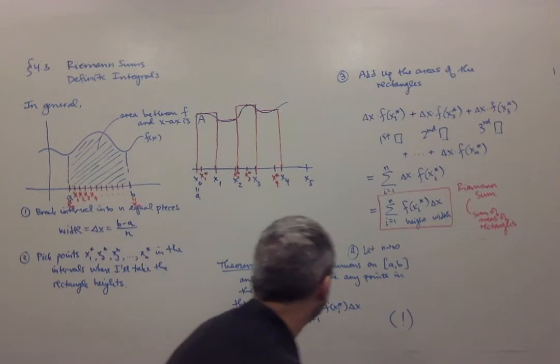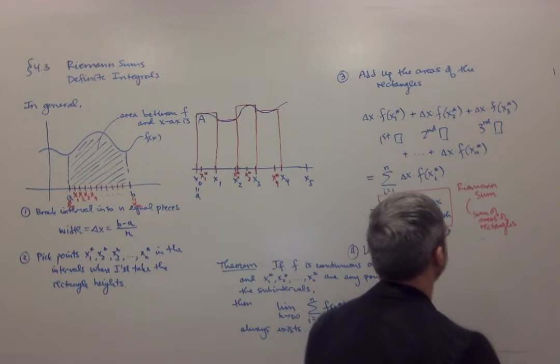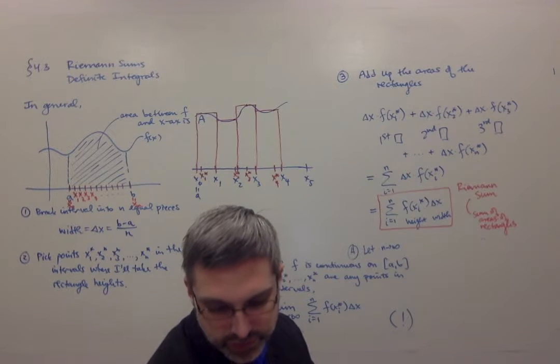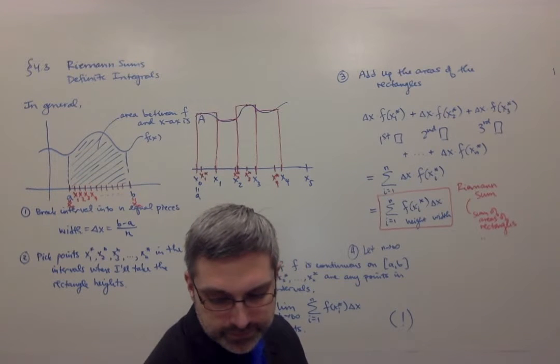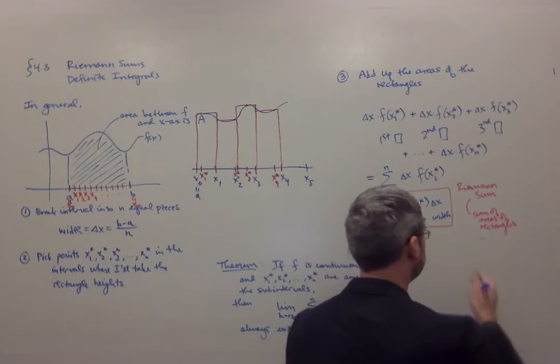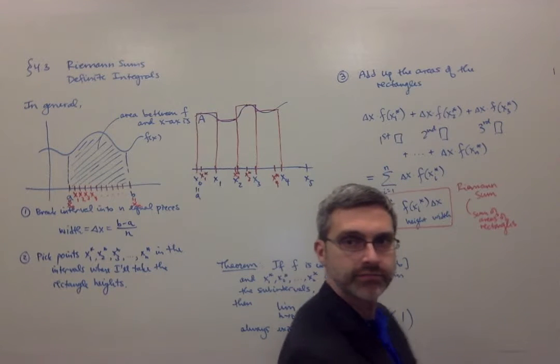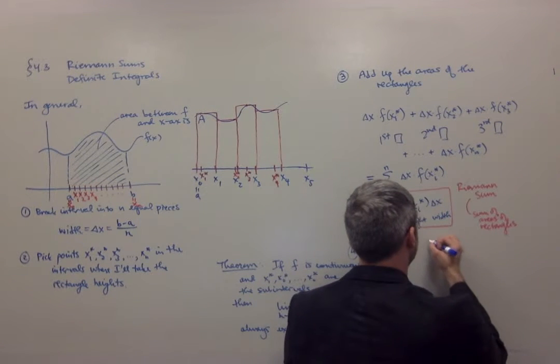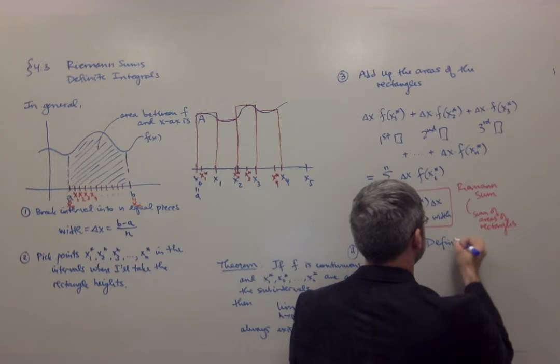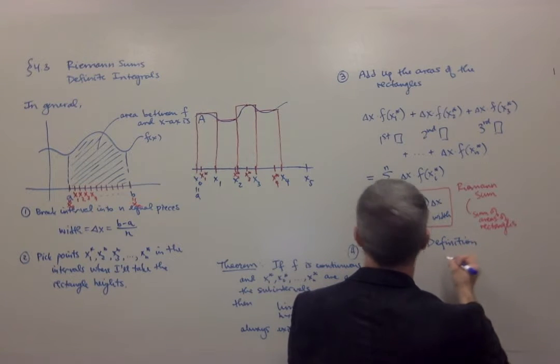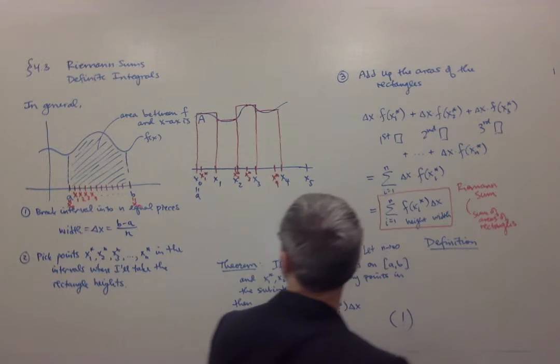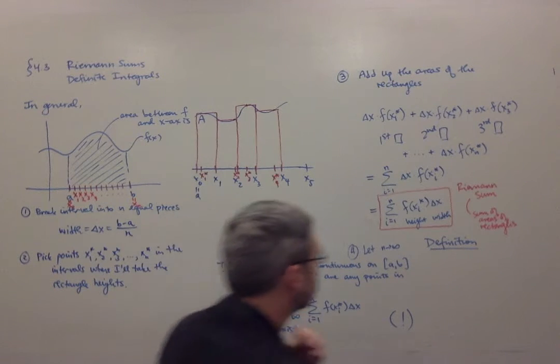Here is where I want to give a definition now. This is the other term. Let's see if I can fit it in here. All right, so let's put a definition here, because I'd like to have this picture to still be able to talk about.